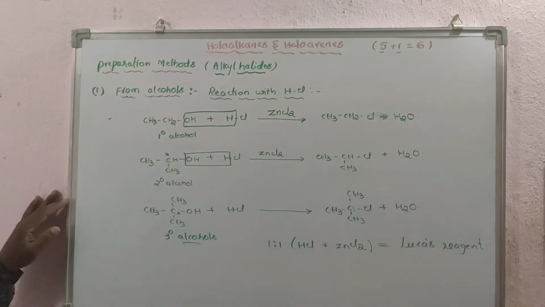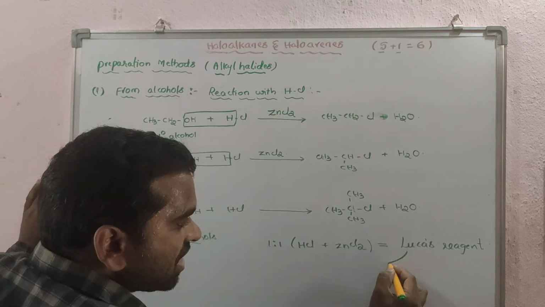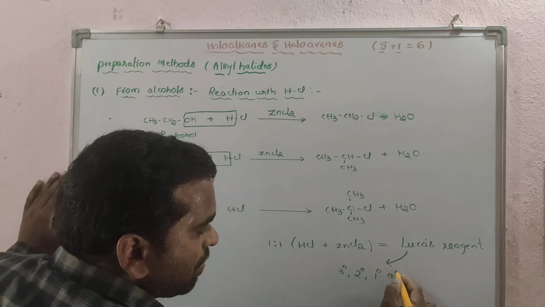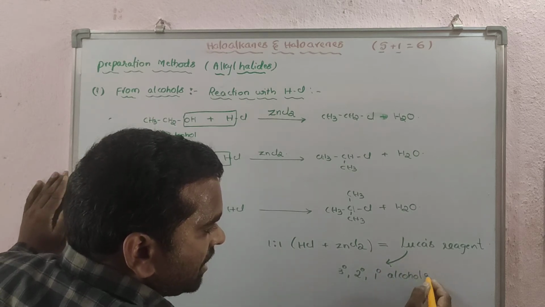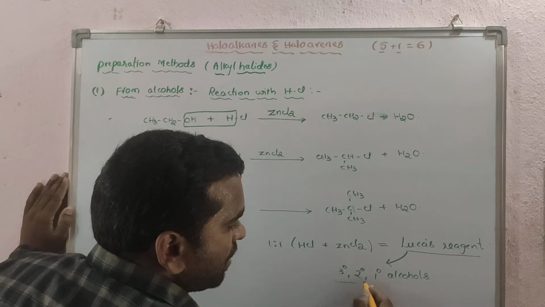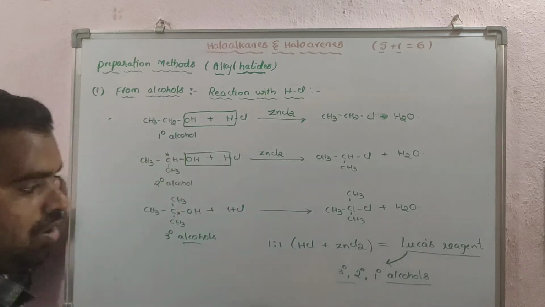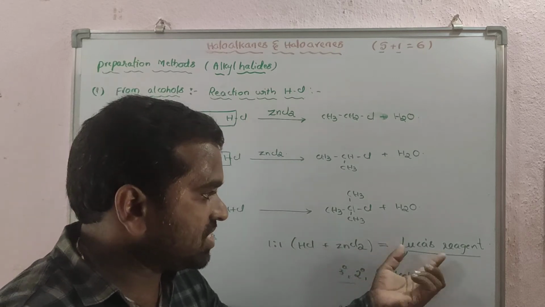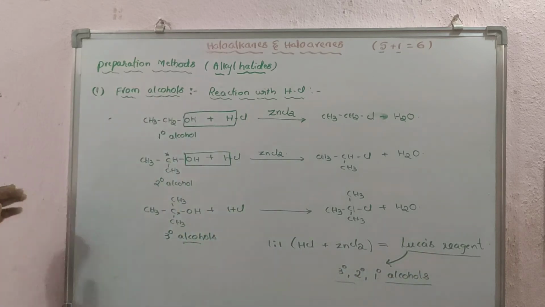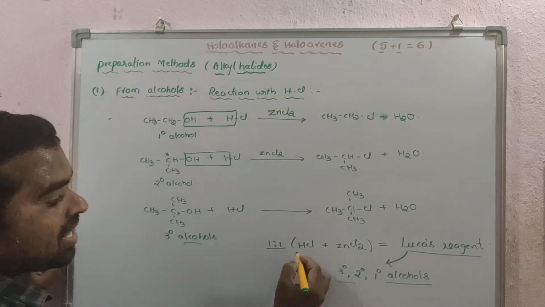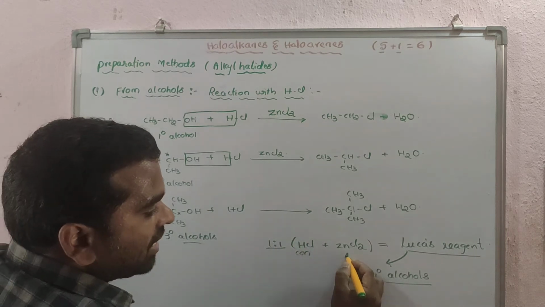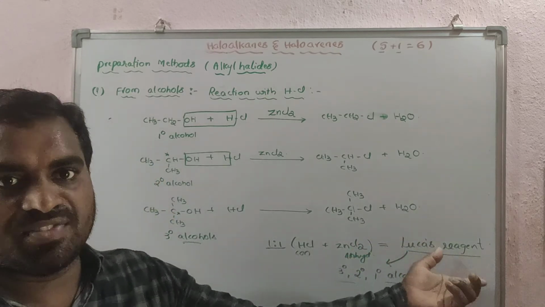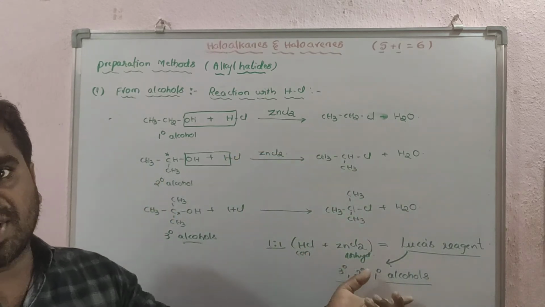This Lucas reagent is used to distinguish primary, secondary and tertiary alcohols. How will it be used to distinguish them? Clear? So the 1:1 ratio of concentrated HCl and anhydrous ZnCl2 is called Lucas reagent, which is used to distinguish the primary, secondary and tertiary alcohols.